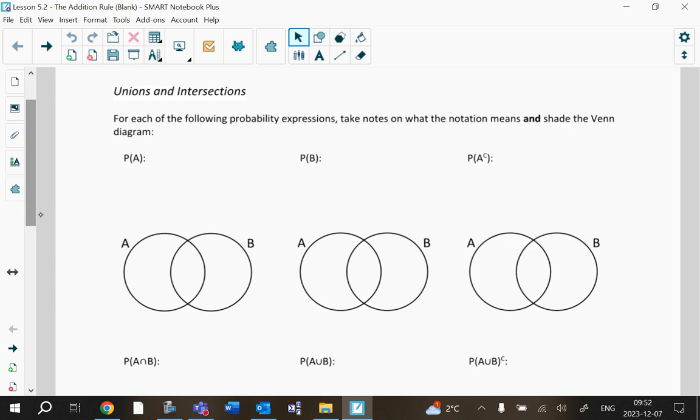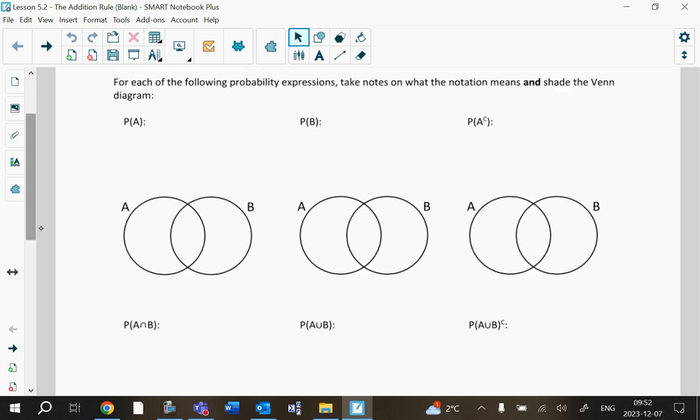So what we do, and perhaps you've all seen this at some point in your academic career, these overlapping circles called the Venn diagram. We can use Venn diagrams to visually show probabilities of situations.